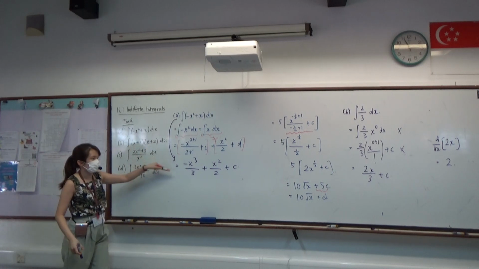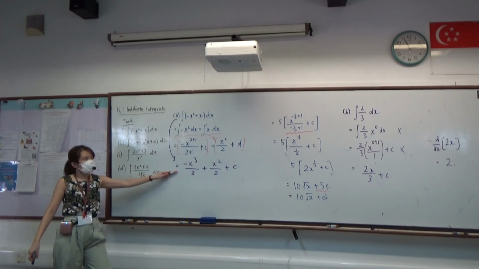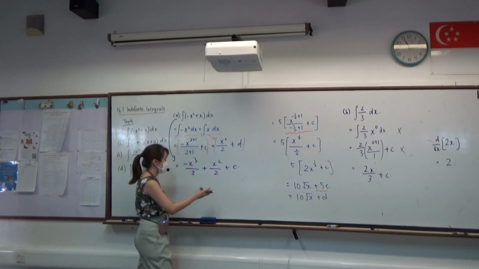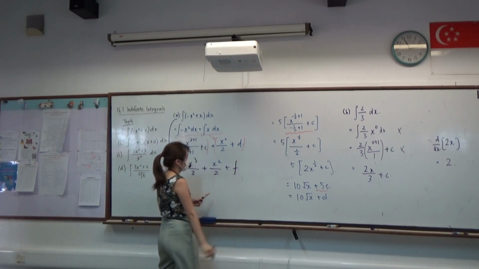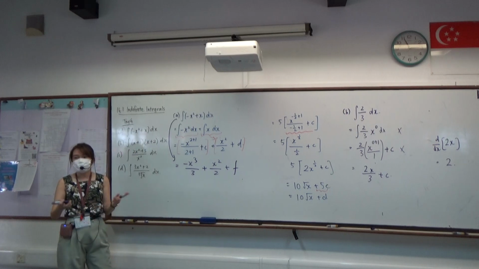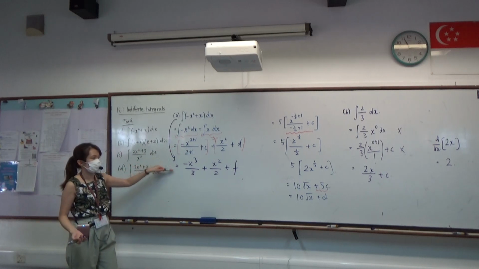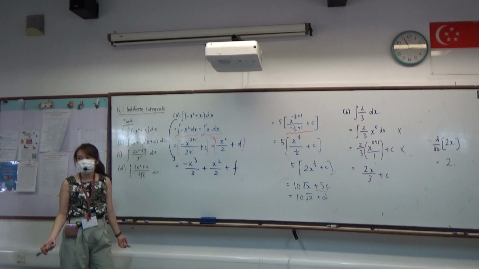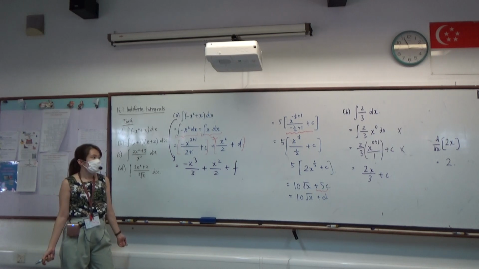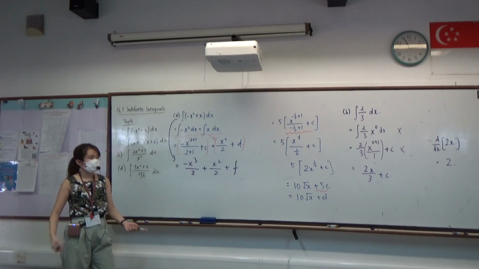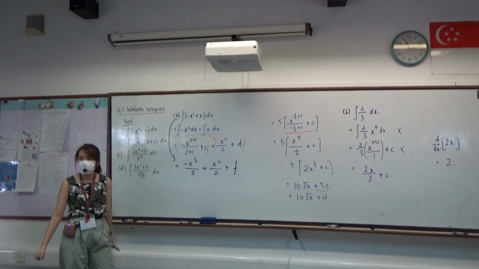Alright, so anyway, the simplified form is this. But if you're going from this step to this step, you can do another constant f. Understand what I'm saying? Why is it that I don't choose E? Because after D is E, right?